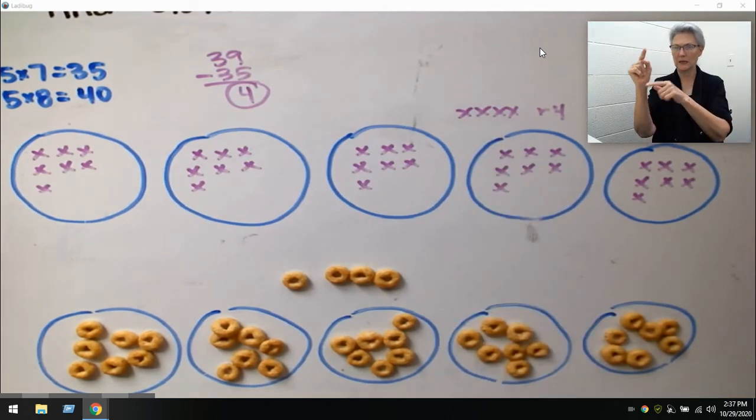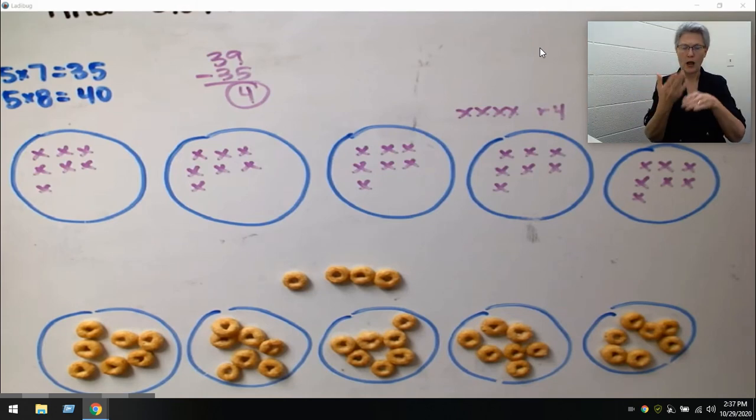So 4, again, is our remainder, and our quotient is 7 with a remainder of 4.